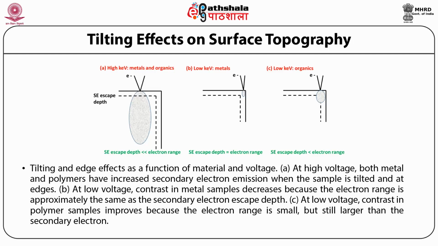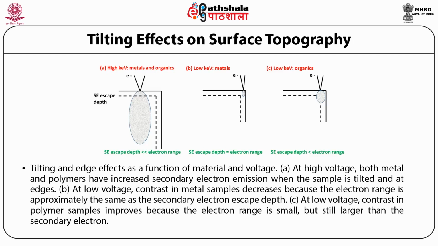As happens with surface roughness, at an edge the secondary electrons can escape from the top surface as well as the side surface, as shown in figure 4. As a greater percentage of the interaction volume is within the secondary electron escape depth, tilting also increases the secondary electron yield by moving the interaction volume closer to the surface.